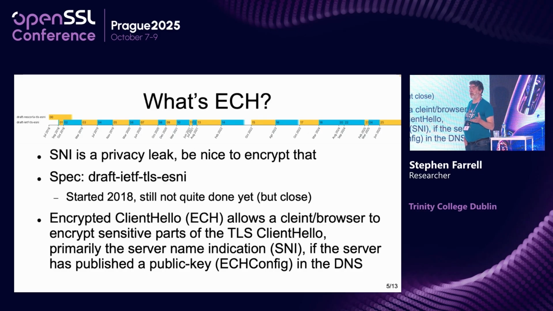It's typically going to be published in an HTTPS resource record if you're dealing with a web server. But ECH should work for other protocols as well, although it's less clear where the benefits are in some cases. Nonetheless, the way it basically works is the client will do a DNS query, get a public key, and encrypt parts of the ClientHello, and then the TLS protocol should go more or less the same otherwise, and more or less does.